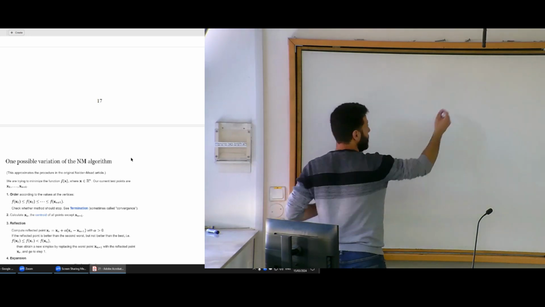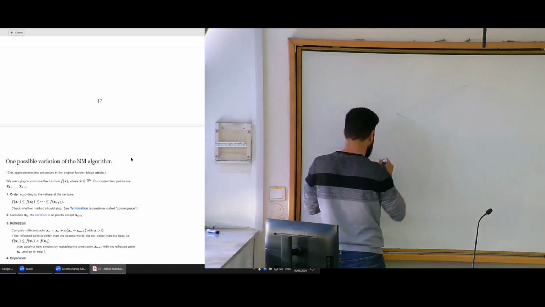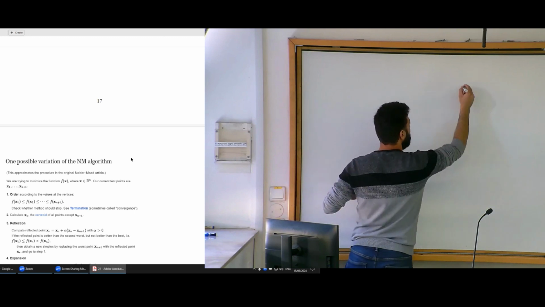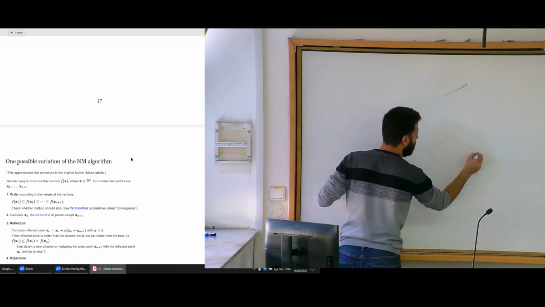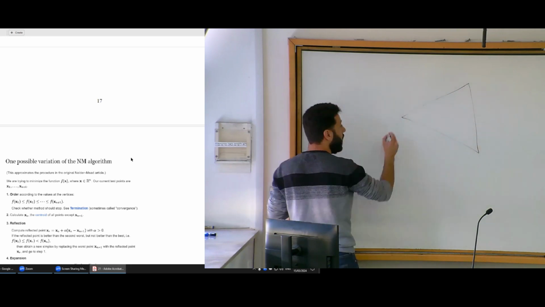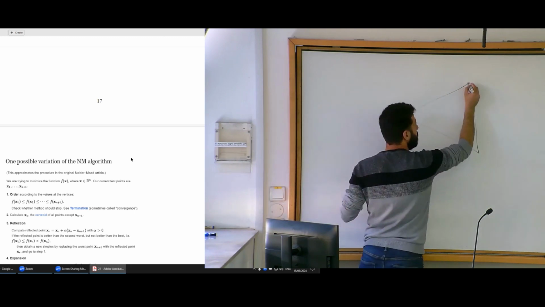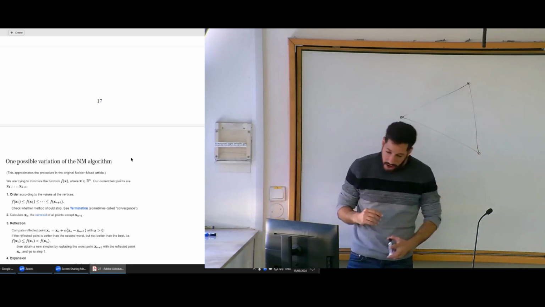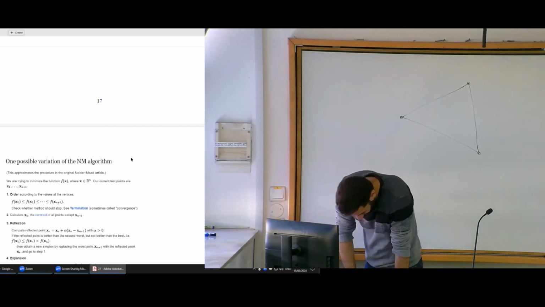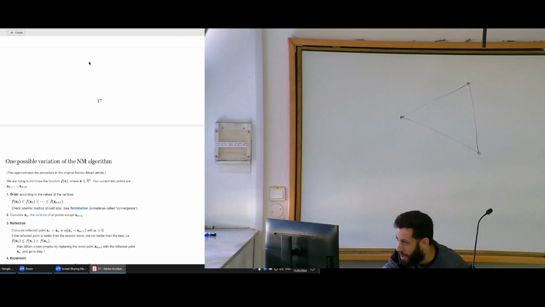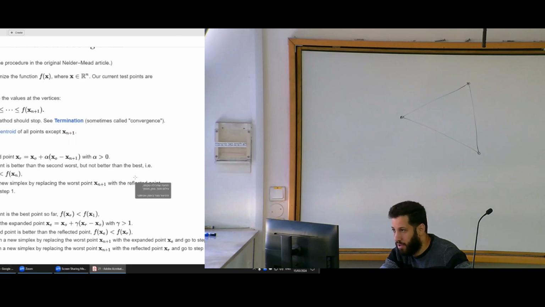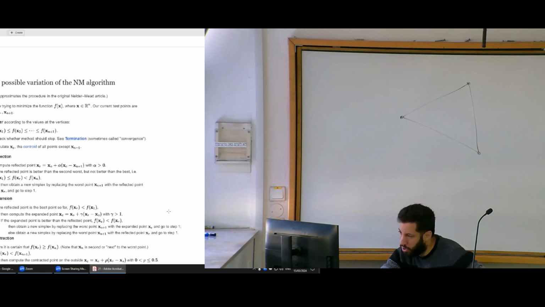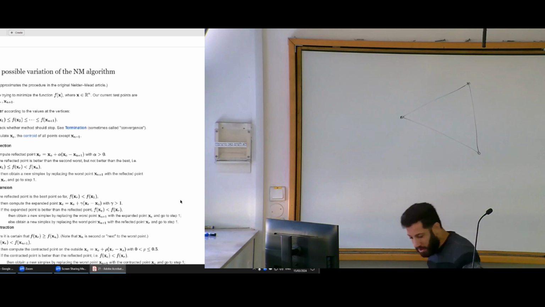So we start with a triangle, which is the region that we will check. Okay. And in this triangle, I will check 3 points. And I will change this triangle using some algorithm that I copied here. Look.